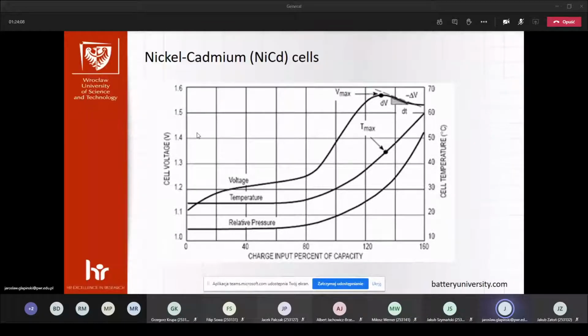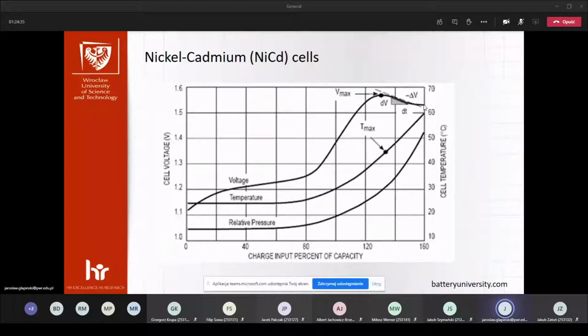Generally, we shouldn't exceed the voltage on the battery. So we can make a voltage source set to 1.5 volts, and the battery will charge.